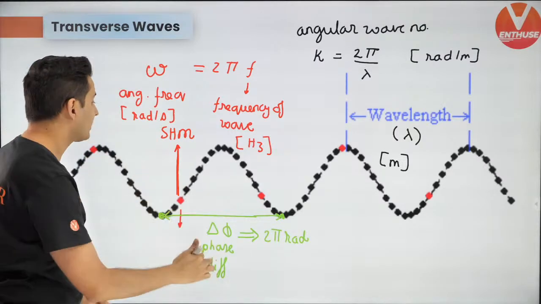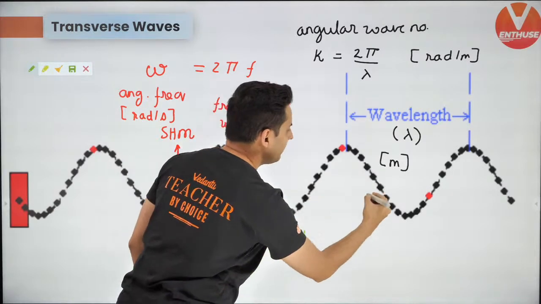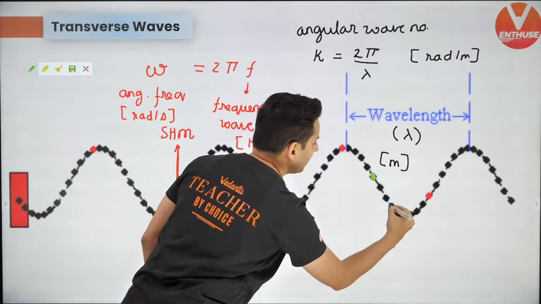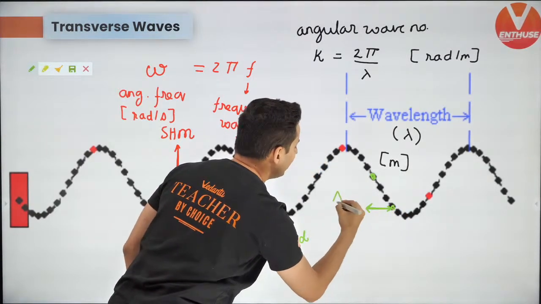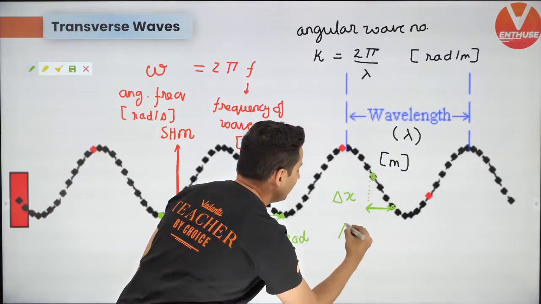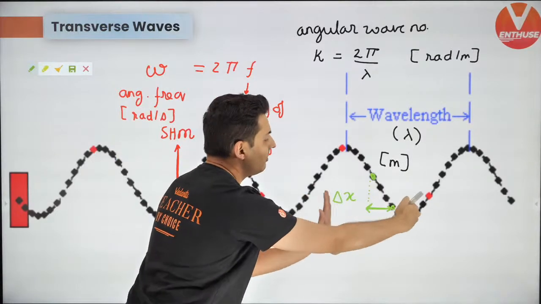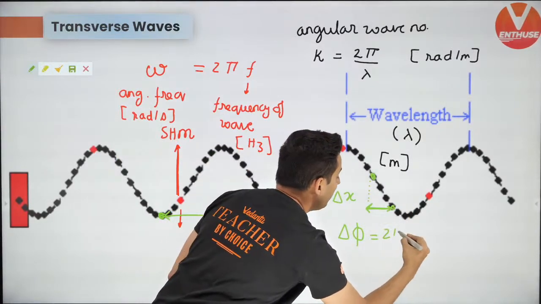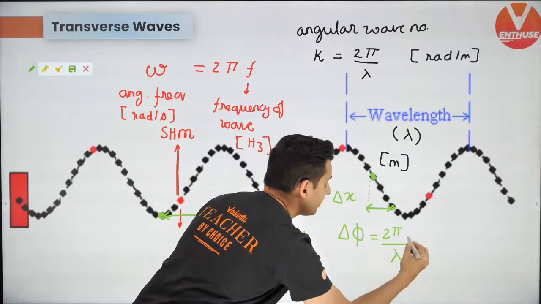Hence, if I have to tell you, there are some 2 random points, maybe this point here and this point here, and I tell you the difference between them is delta x. Then the phase difference between these 2 points, any 2 points separated by delta x, will be as follows. 2 pi radians is the phase for one wavelength.